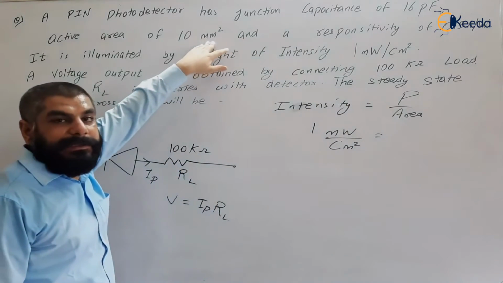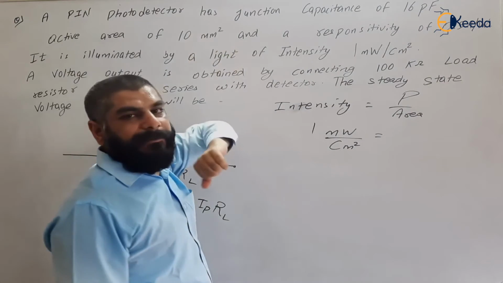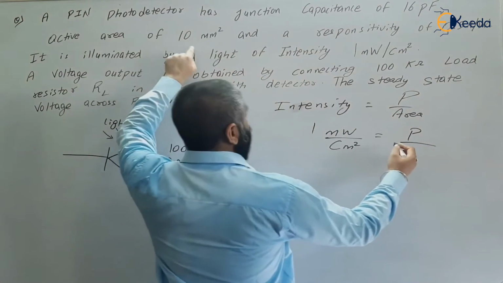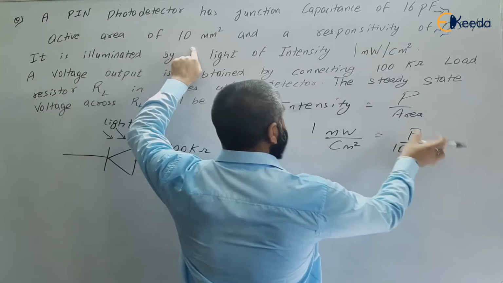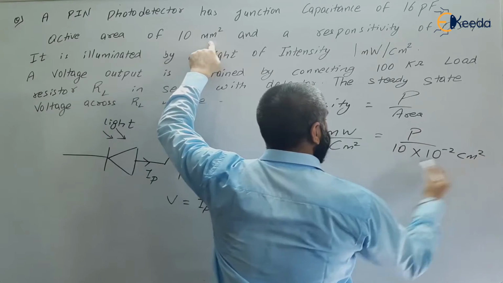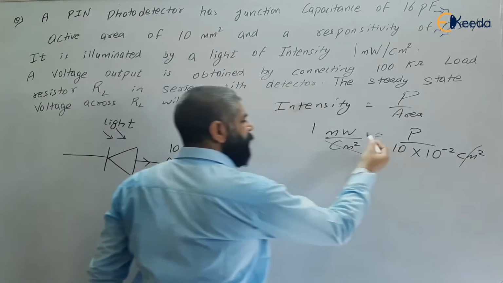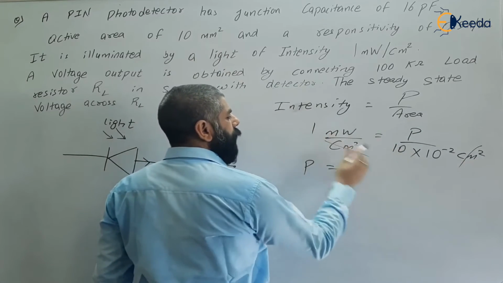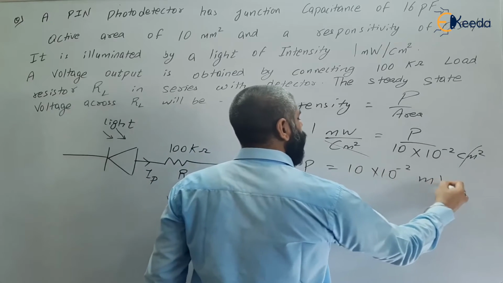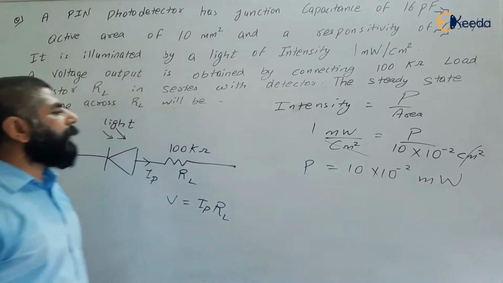Given is 10 millimeter square, so we will convert it into centimeter square. So this is the optical power divided by 10 into 10 raised to power minus 2 centimeter square. The centimeter square gets cancelled and the optical power will come out to be 10 into 10 raised to power minus 2 milliwatt. Now this is the optical power.